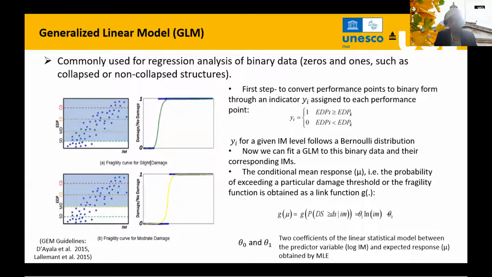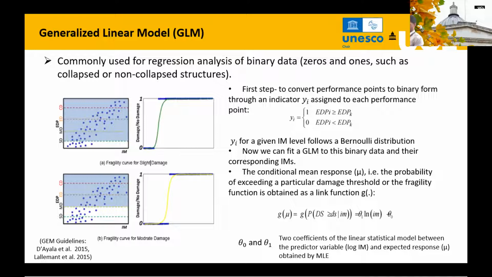And within that, you would then fit a linear model. For this purpose, there are some link functions used, such as a probit function or a logit function, which then lead to a linear pattern again, where you have two parameters, theta naught and theta 1, which can be obtained by the same maximum likelihood estimate that we did in the previous method.